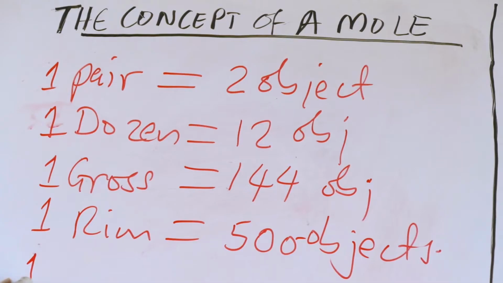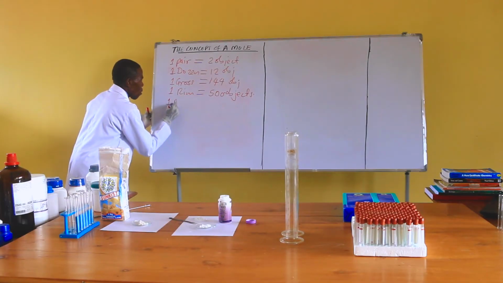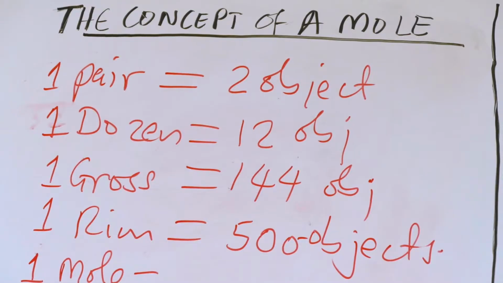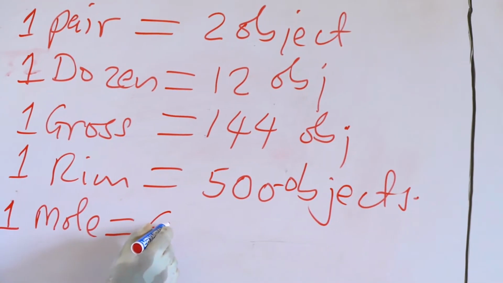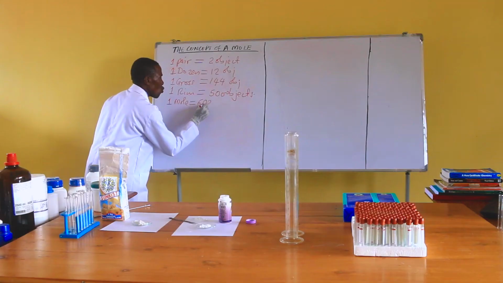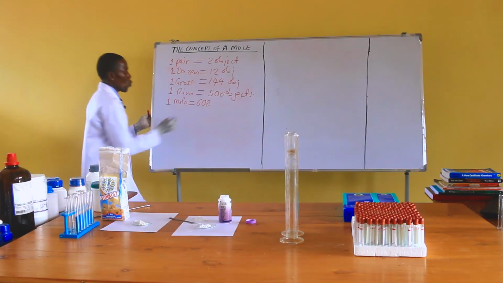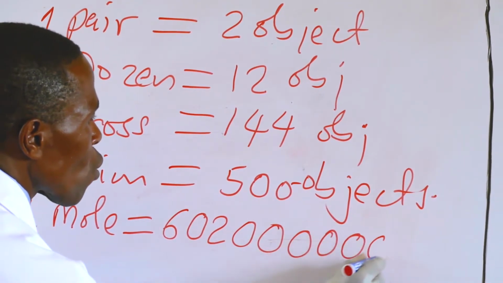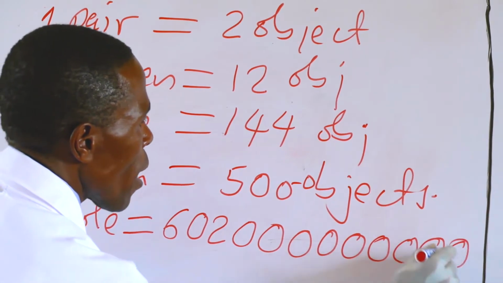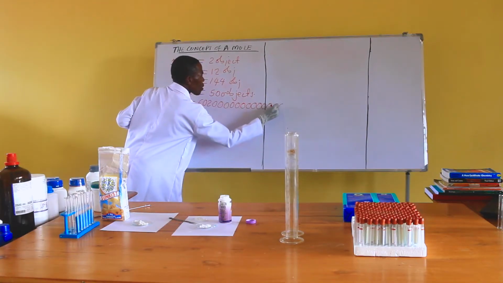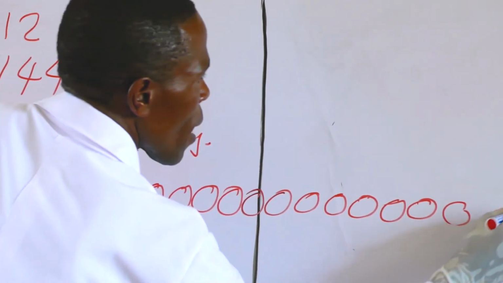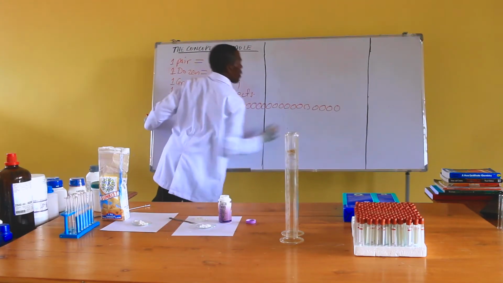One mole of particles, one mole of substance, is formed by 602 and then 21 more digits.